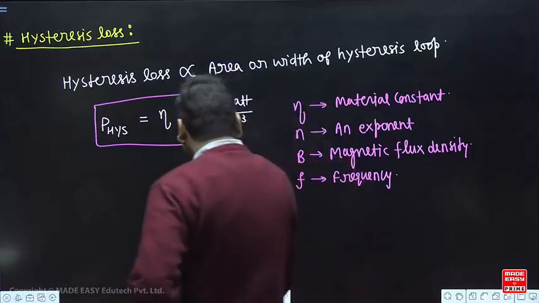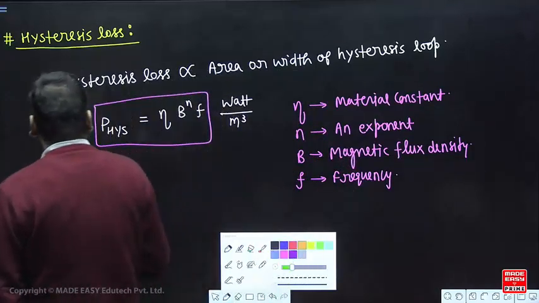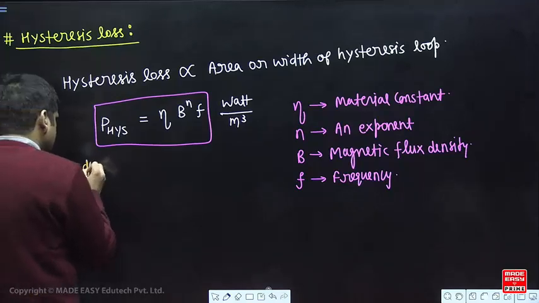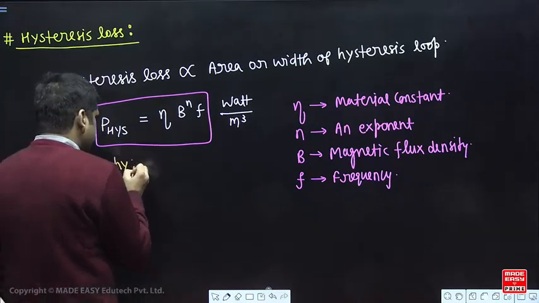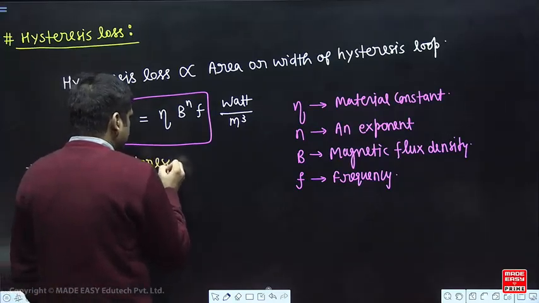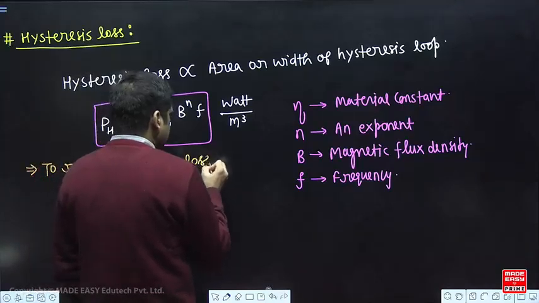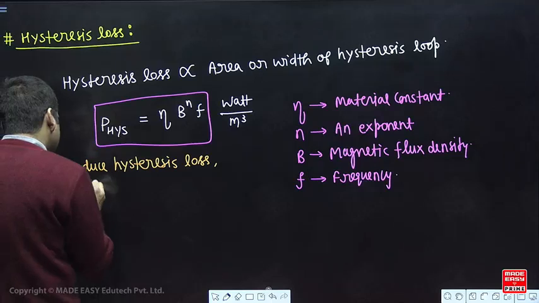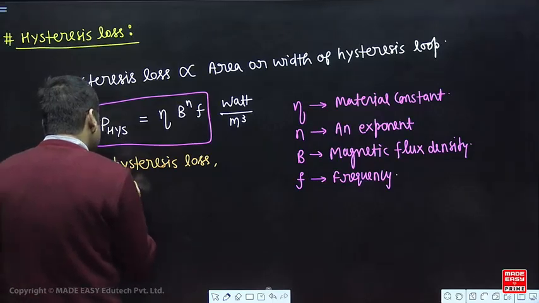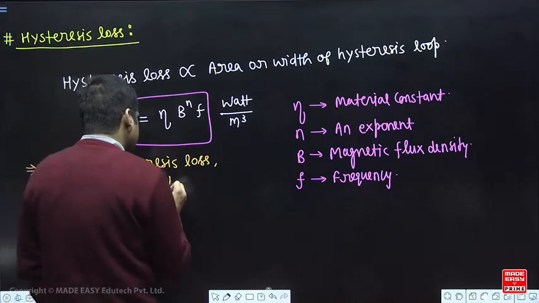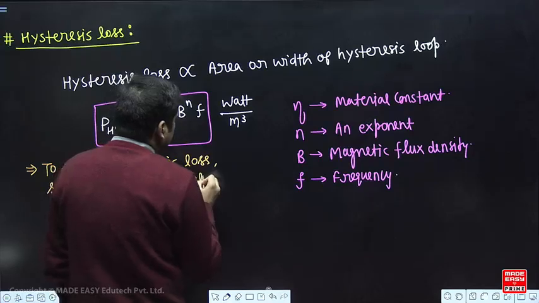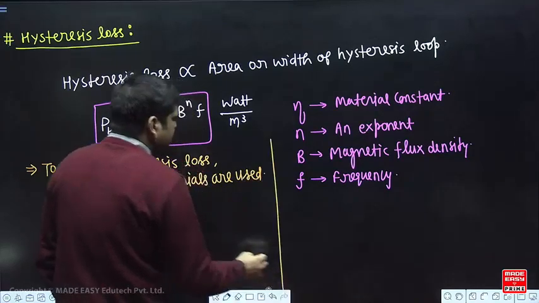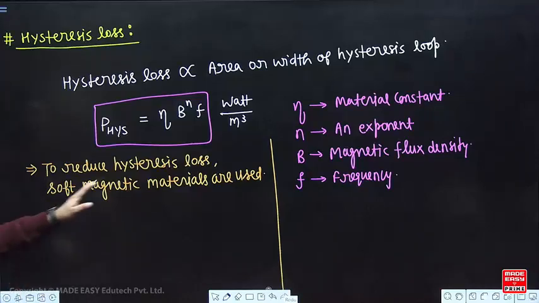Just note down here: to reduce hysteresis loss, soft magnetic materials are used. What are soft and hard magnetic materials? I would be teaching you later. Don't worry about that. Just write it down for now.